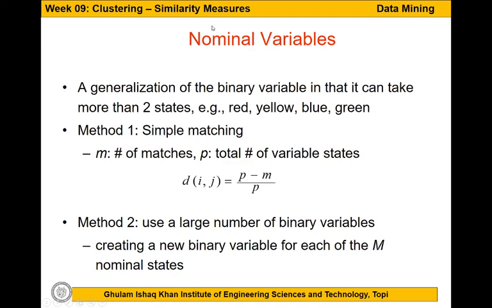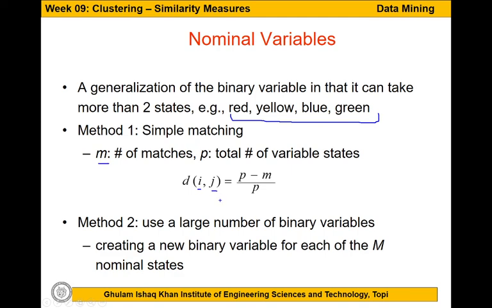For such variables, we can compute the distance between two records, record I and J, using this formula, where P is the total number of variables. In this particular case, this is 4, and M is the number of matches.